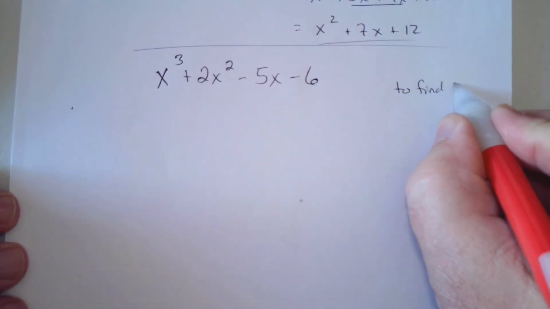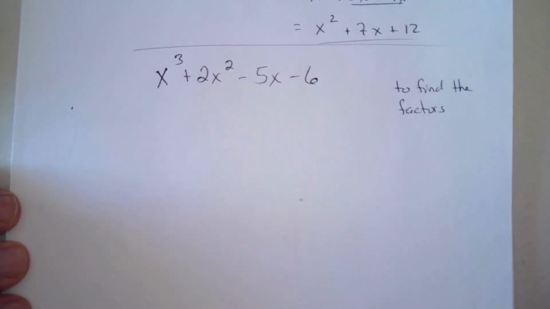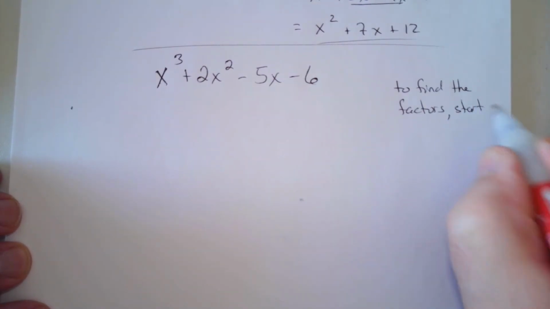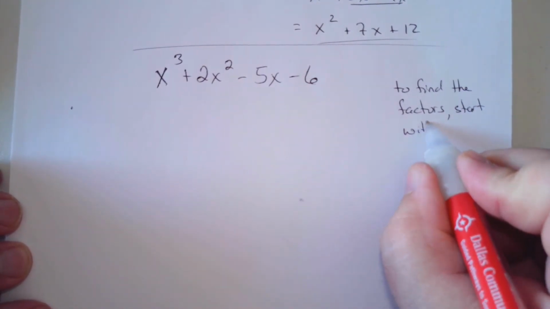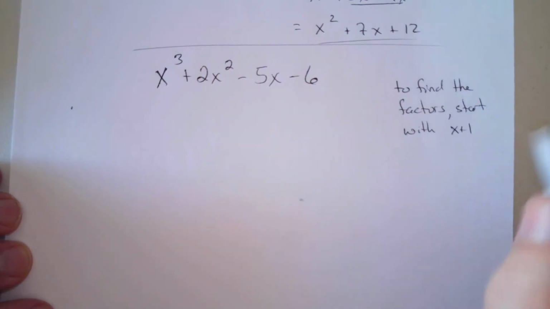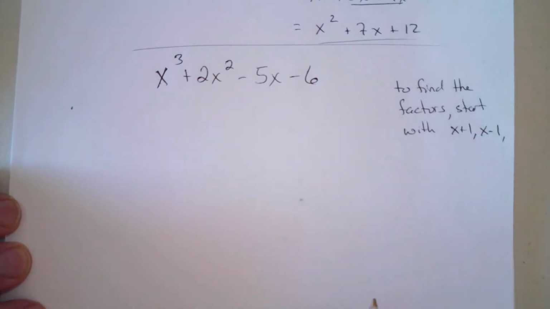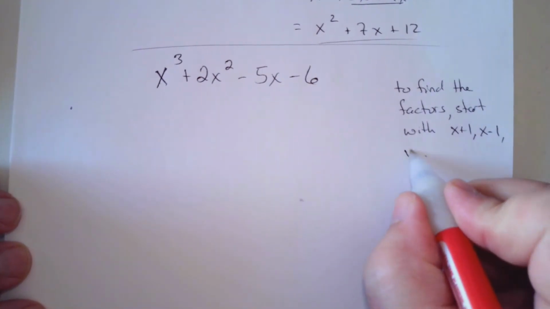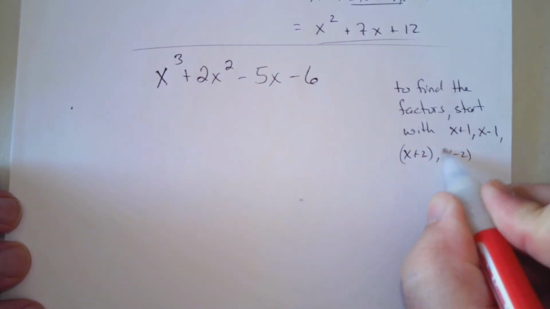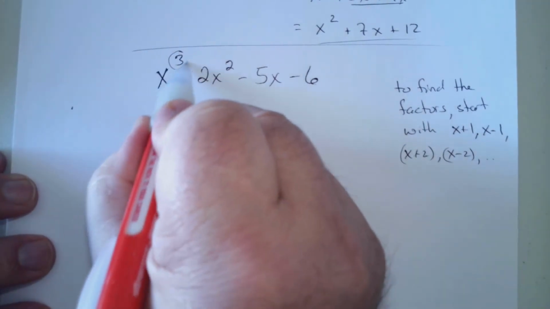To find the factors, start with x plus 1, then divide it, see if it works. Then do x minus 1, see if it works. And then x plus 2, x minus 2, and keep on going. Because we know we have 3 answers.